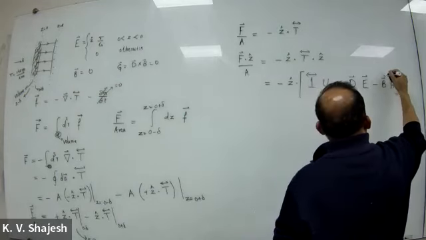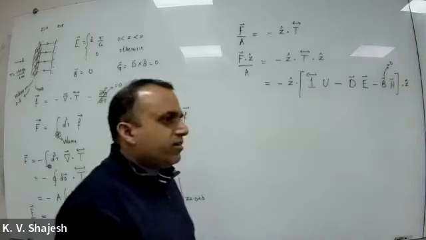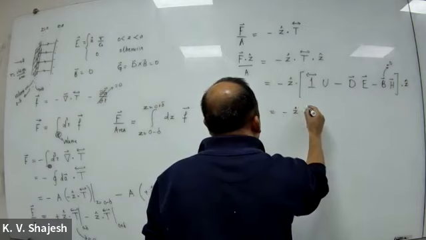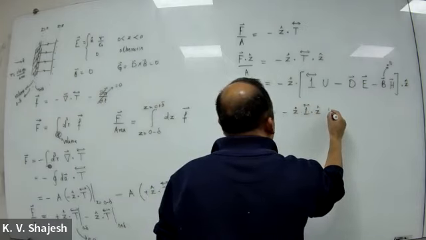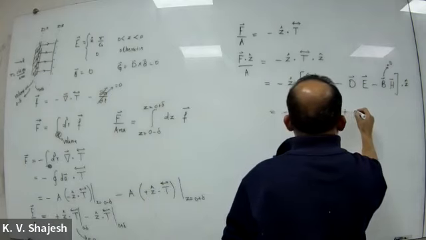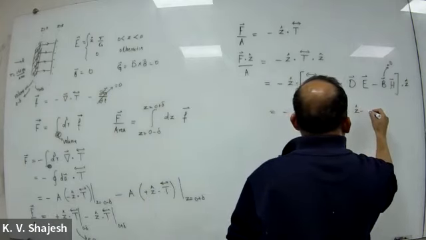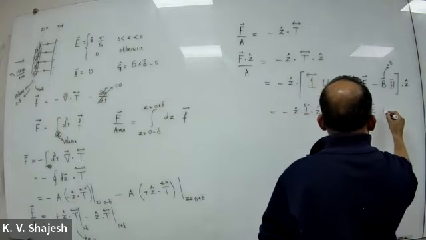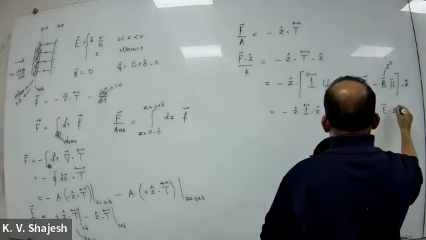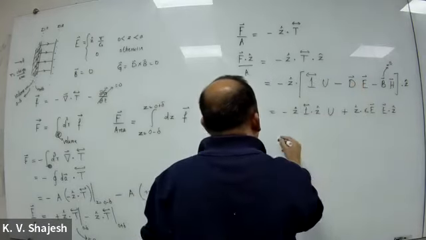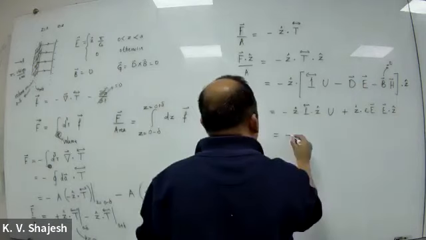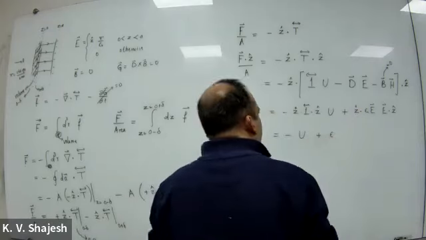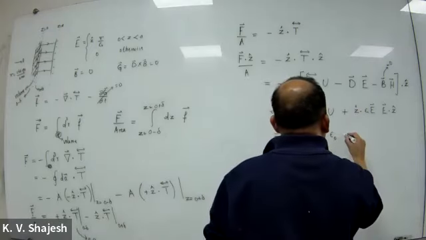Right, so that's 0. So this is equal to minus z hat dotted with 1 dotted with z hat u plus z hat dotted with epsilon naught times E and E dotted with z hat. U also, so this is all 1, so that's minus u plus epsilon naught Ez squared.